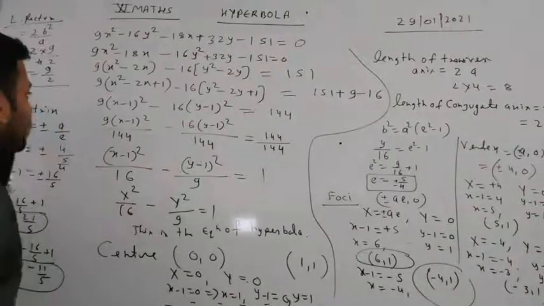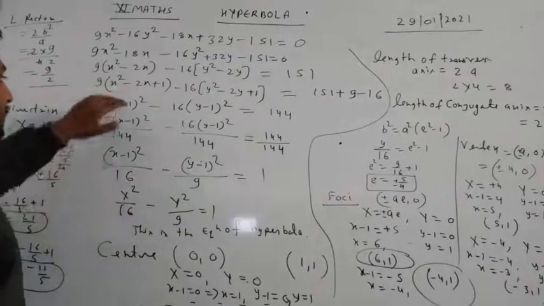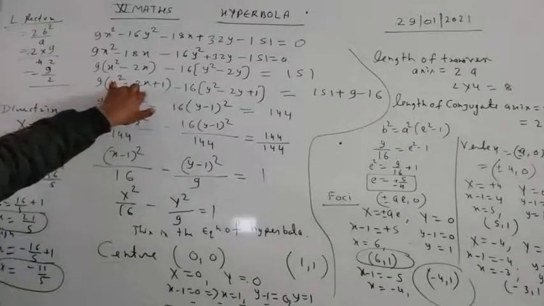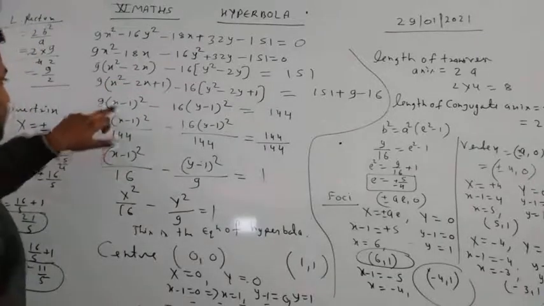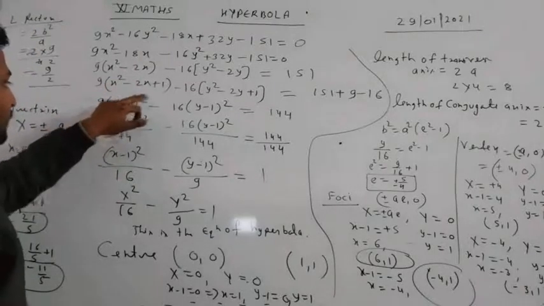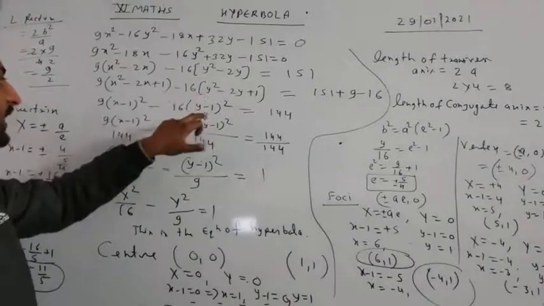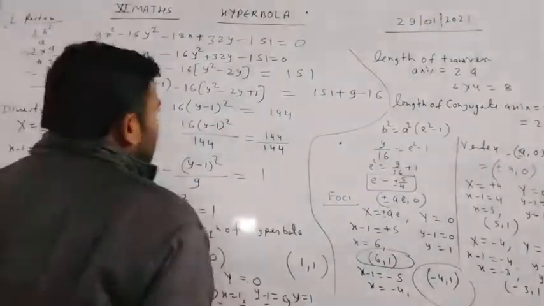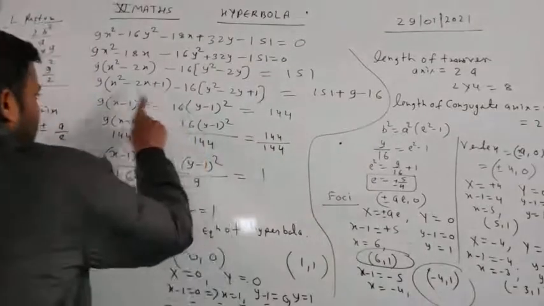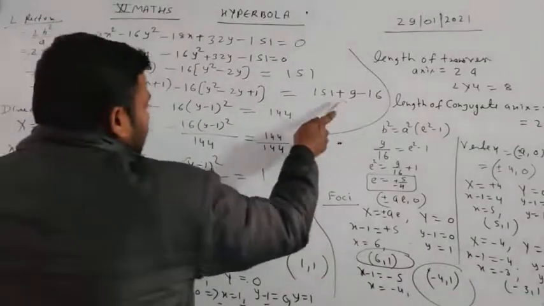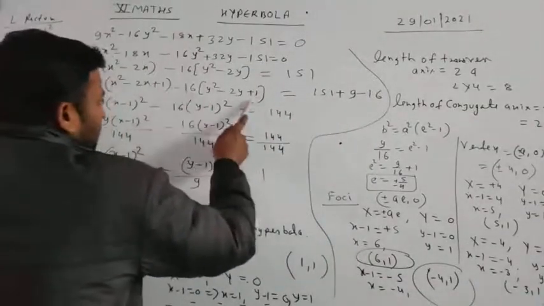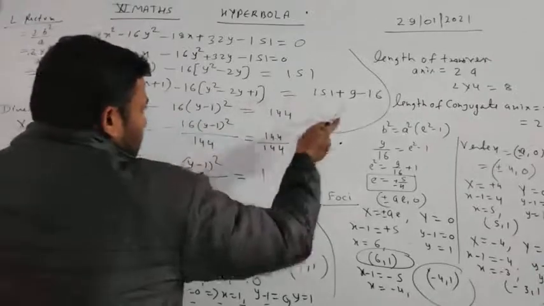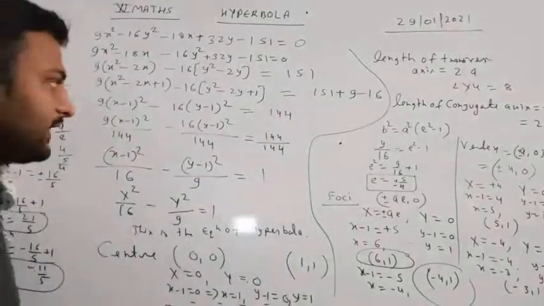Now we are going to complete the square. So we write 9 times x minus 1 whole square minus 16 times y minus 1 whole square is equal to, and when we add 9 here, we add 9 to the right hand side. When we subtract 16 here, we subtract 16 from the right hand side.